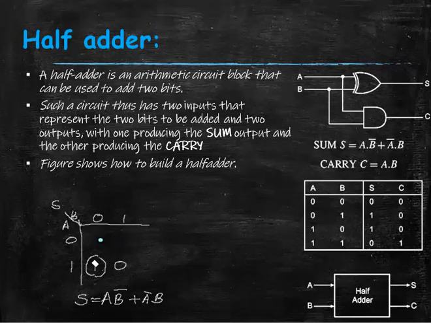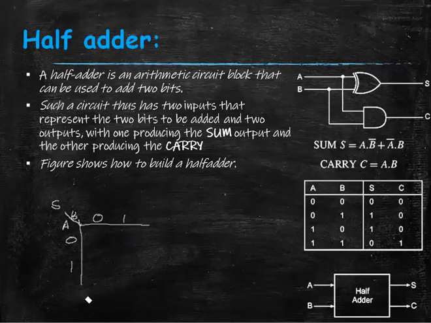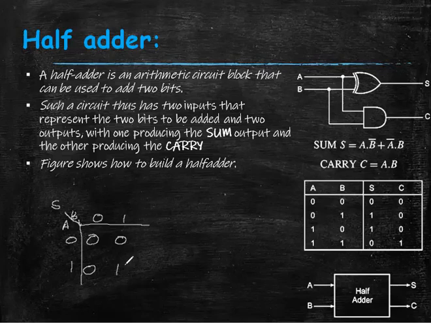Similarly we can write for the carry also. The K-map for carry: for 0 0, carry is equal to 0, 0 1 carry is 0, 1 0 carry is 0, and 1 1 carry is equal to 1. Only a single one is here.